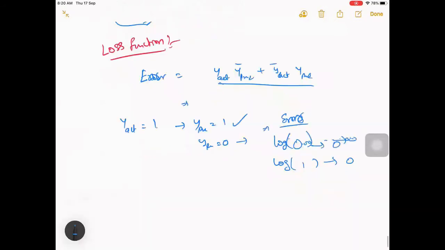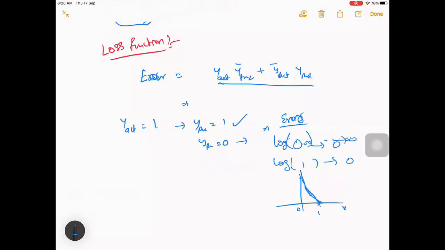So your log function will vary like this: when x is towards 0, it will go towards infinity, and when it is coming towards 1, your value will be near 0.